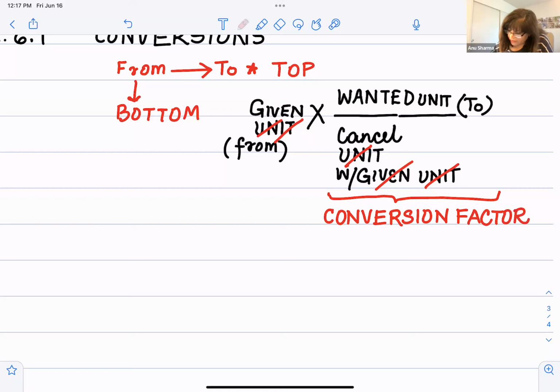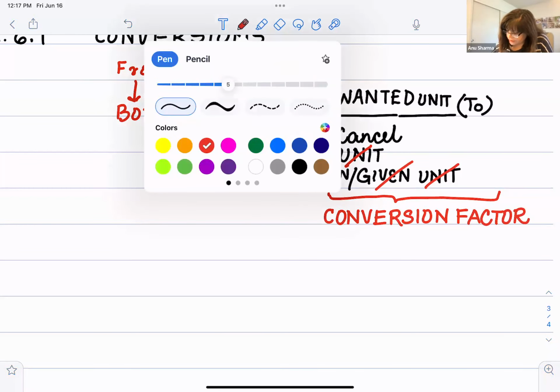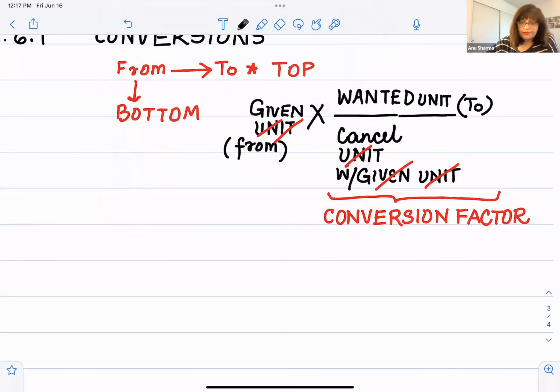Okay, now how do you get these conversion factors? Let's just look at a few examples and then we will go from there. Let's say 100 centimeters. So 1 meter is equal to 100 centimeters. This equality is known in the tables.